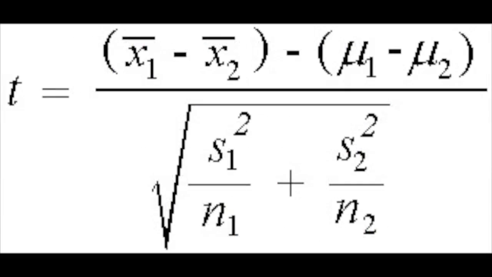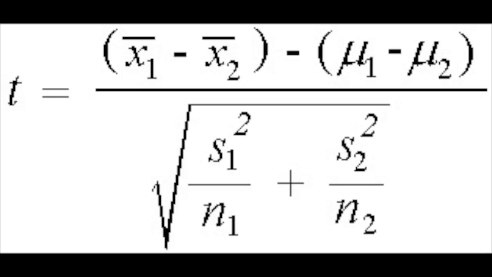This is the equation for performing a 2-sample t-test for difference between 2 means. It is t equals x bar 1 minus x bar 2 minus the difference between mu 1 and mu 2, divided by the square root of s1 squared over n1 plus s2 squared over n2. X bar 1 is the mean of the graded tests from the samples.